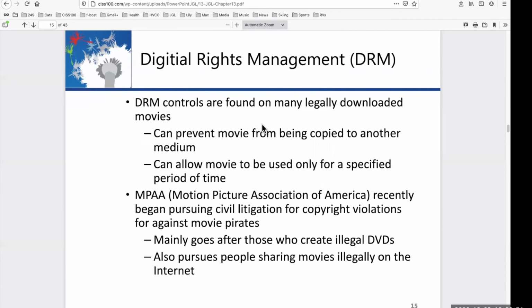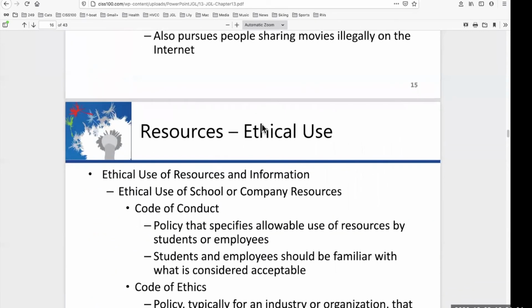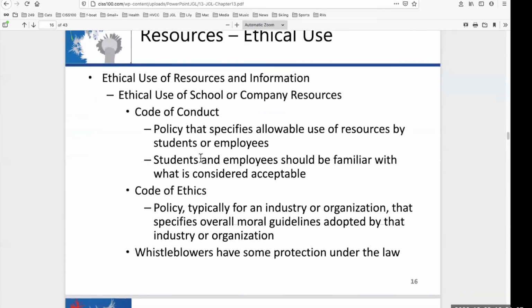Okay, digital rights management. We understand, again, that if I'm going to inhibit or prevent the copying of digital information, it must occur at the operating system level. I won't say anything beyond that. Again, I spoke about computer use policies. Again, I require it for the internship wherever you're placed.